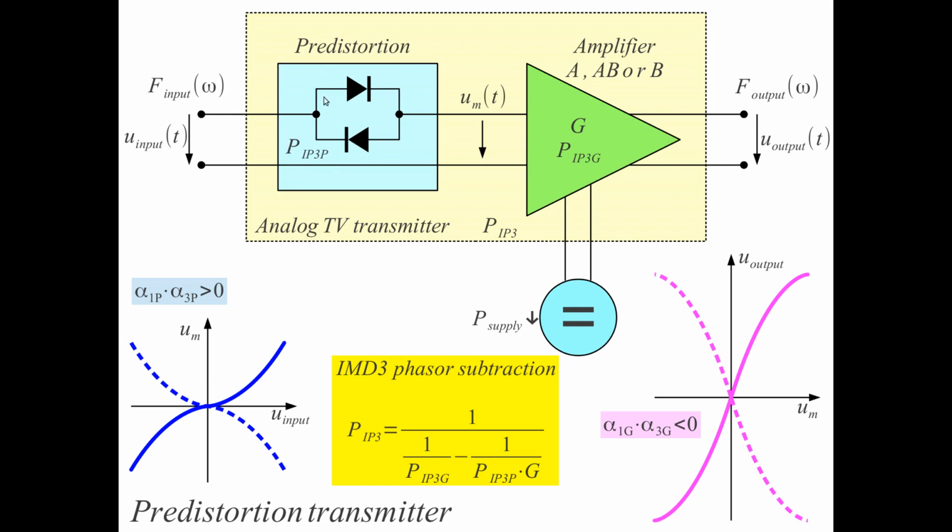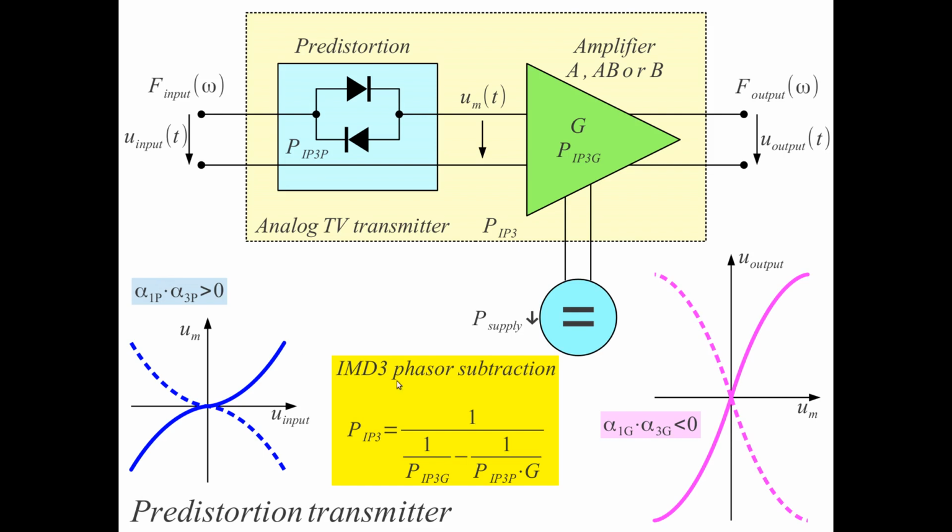Predistortion actually has the opposite transfer function of the power amplifier. If this is the power amplifier, predistortion should provide the opposite curve. So if the polynomial coefficients alpha 1 and alpha 3 of any semiconductor amplifier have different signs, in the predistortion circuit alpha 1 and alpha 3 should have the same signs to generate predistortion with the opposite sign.